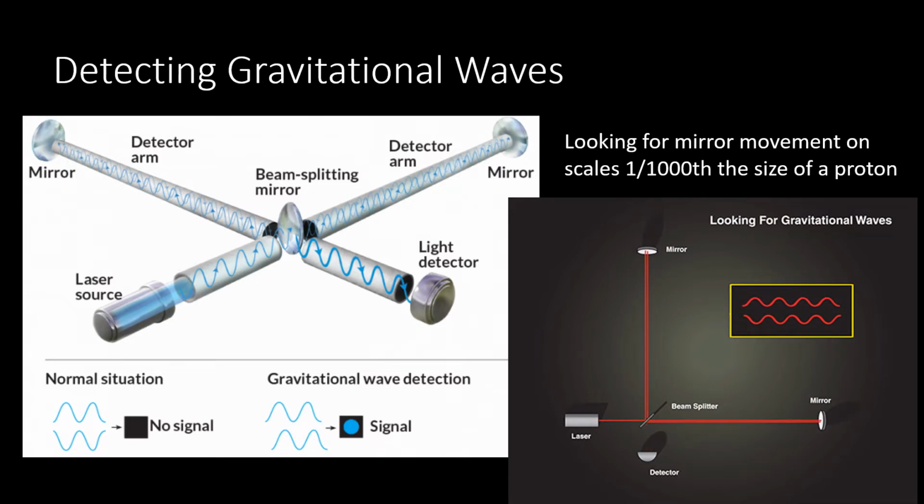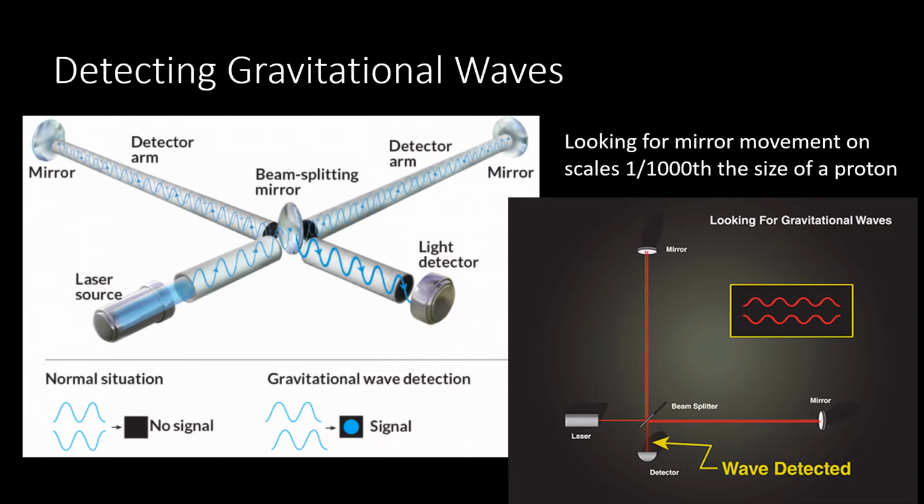But if anything shakes those mirrors or stretches and squeezes space-time, basically changing the distance that the laser beam has to travel, then we will ultimately see a signal. So that's how we do it. We use lasers to detect if space-time on Earth is stretching or squeezing at all, wiggling our mirrors, and causing the lasers to combine a little bit more in phase as opposed to out of phase.